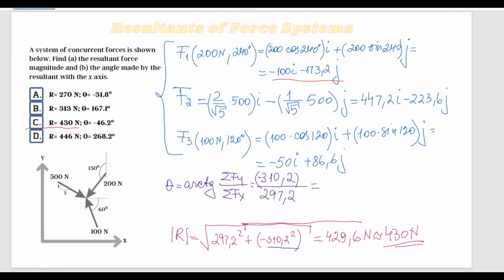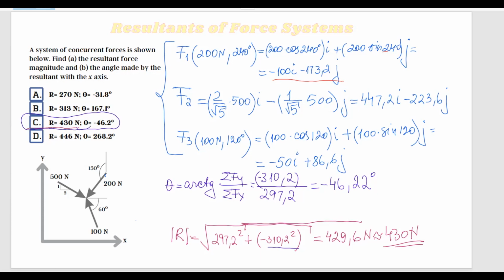Let's do this calculation: 310.2, it's a negative, over 297.2, and arctangent gives me an angle of minus 46.22 degrees. And look at that, option C is the correct answer.